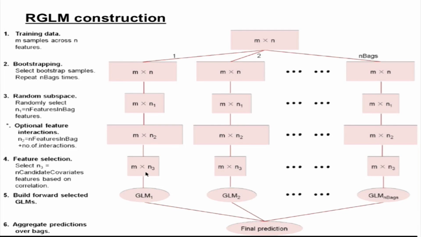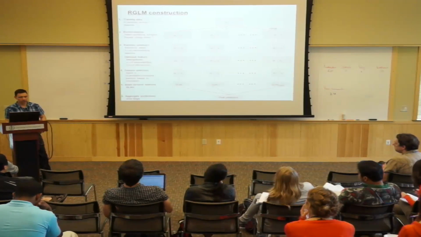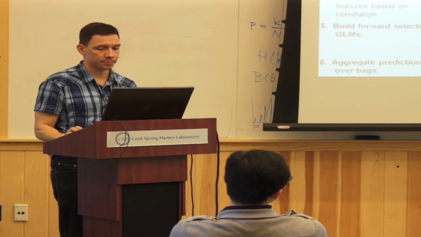And then you use these 50 genes as starting point of forward variable selection. Okay, you use then the generalized linear model based on these 50 variables, and the algorithm chooses, let's say, 4 or 5 out of these genes. So you end up then with one generalized linear model for each of these bootstrap data sets. And so it's really a multivariate logistic model. And then you just aggregate their predictions into a final prediction.